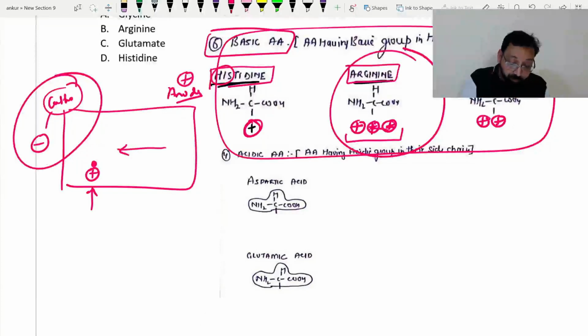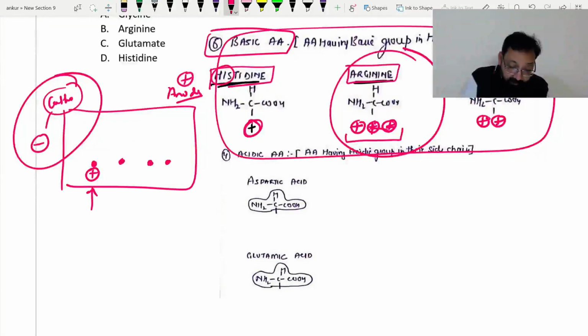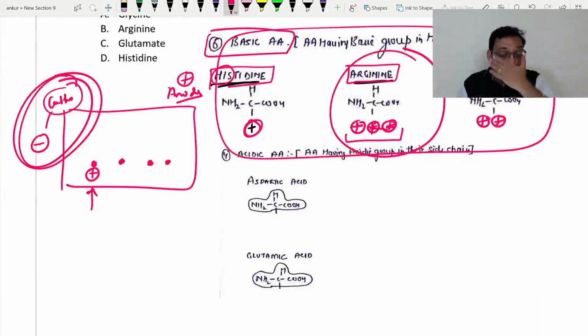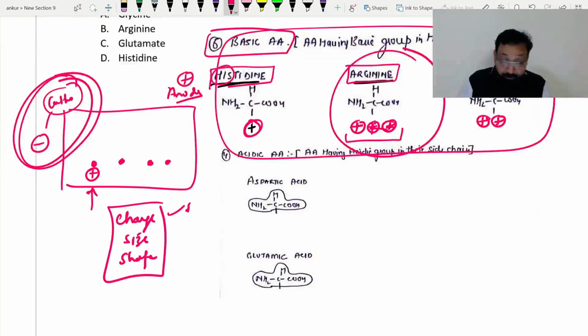They will give you an electrophoretogram picture like this and ask about it. This amino acid definitely has the maximum positive charge, so arginine would be here, because of opposite charge. Electrophoretic movement depends on charge, size, and shape. The main force is charge, but movement is also determined by shape and size.